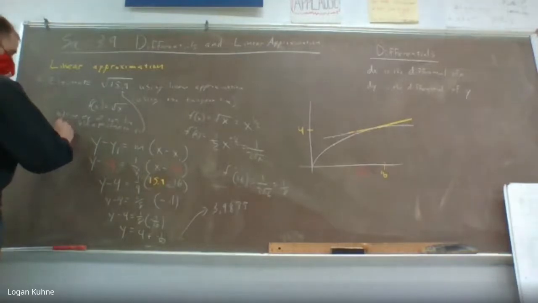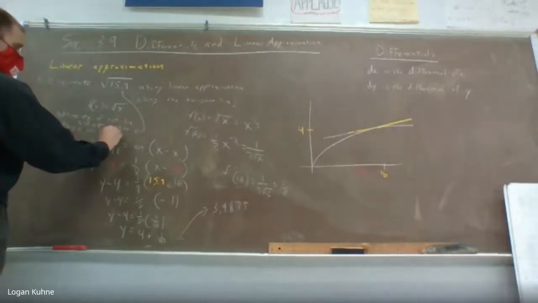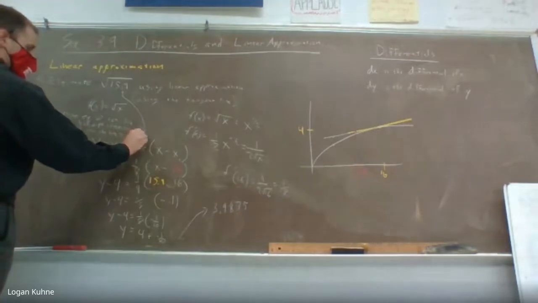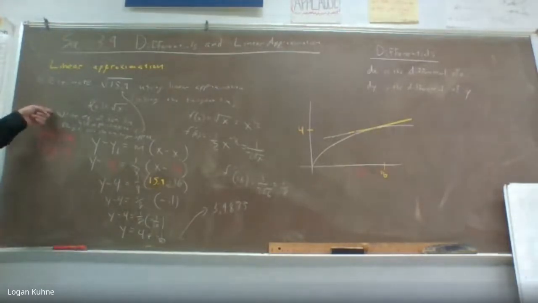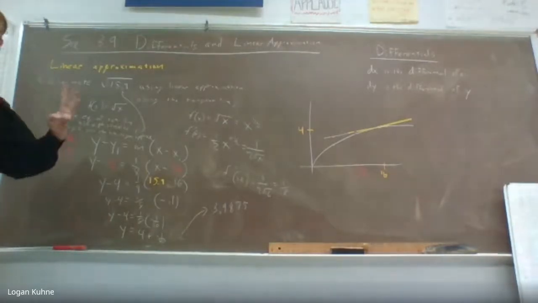Then finally, plug C into the line to get the approximation. Sorry, that's not very big. Write the equation of a tangent line, use a point close to C, plug C into the line to get the approximation. Those are the 3 steps you do.